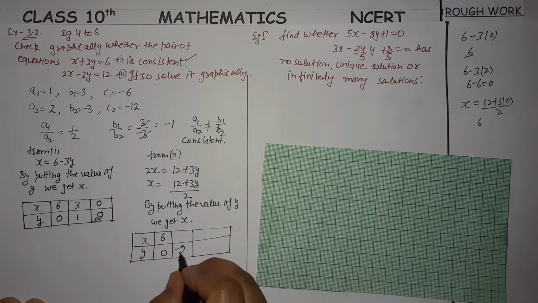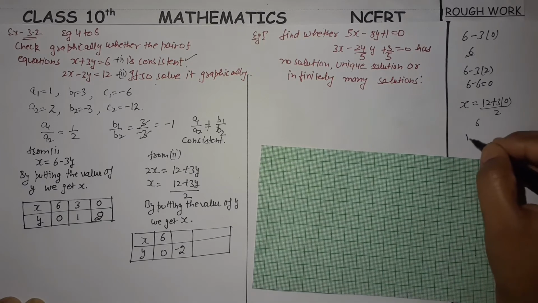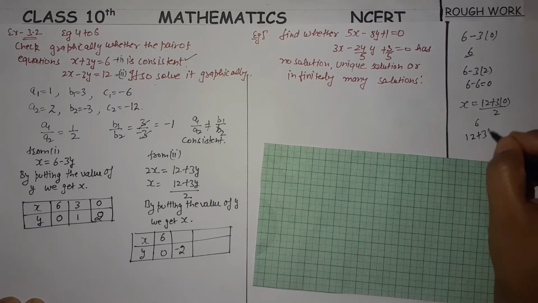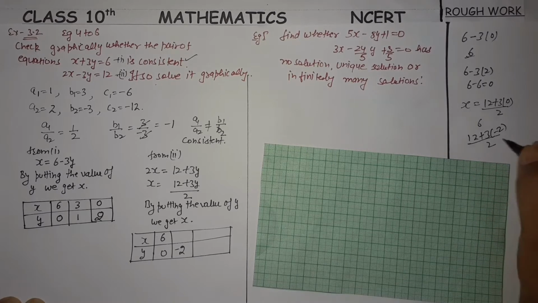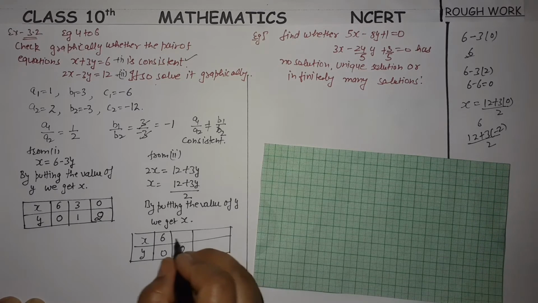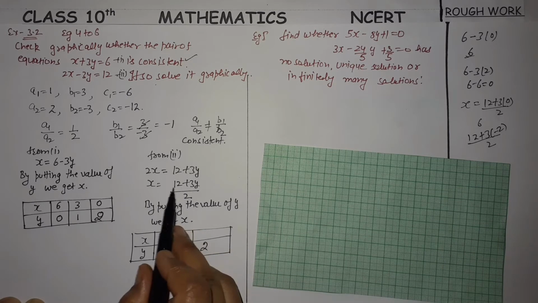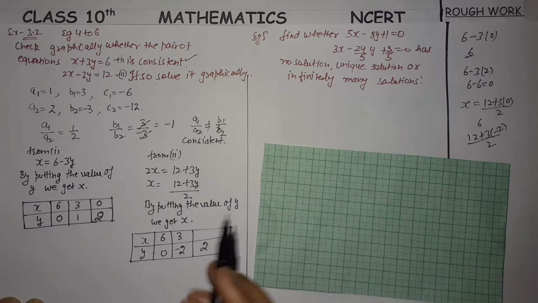Put y equals minus 2. 3 into minus 2 is minus 6. 12 minus 6 is 6. 6 by 2 makes 3. Put y as 2. 3 into 2 is 6. 12 plus 6 is 18. 18 by 2 makes 9. Now we plot these solutions of equations 1 and 2 on the graph.